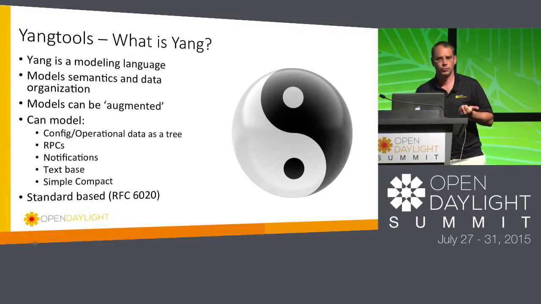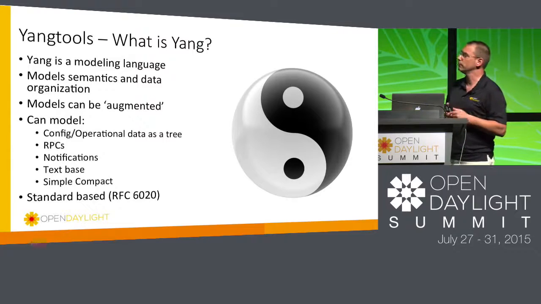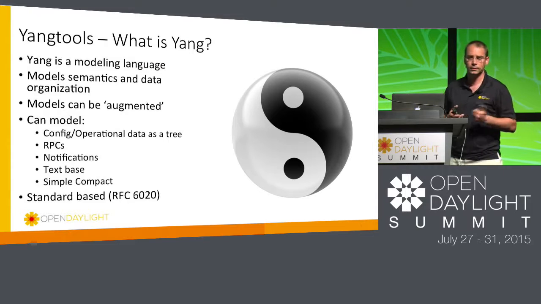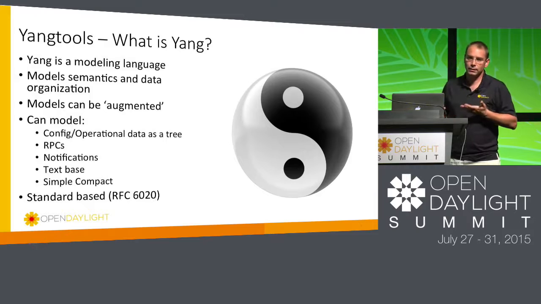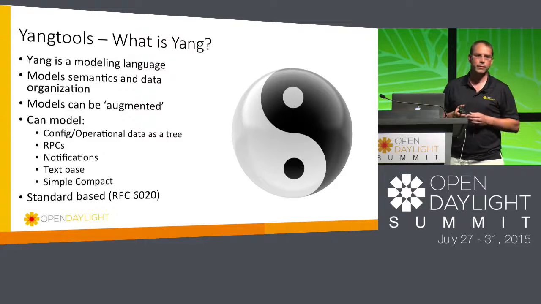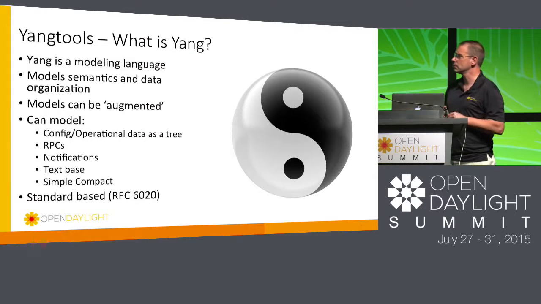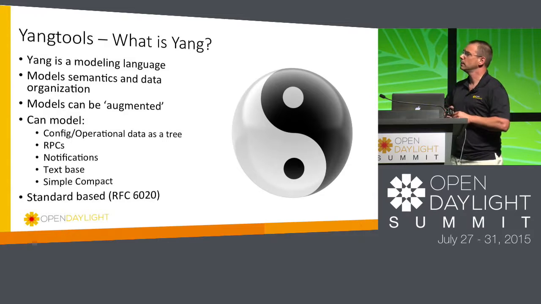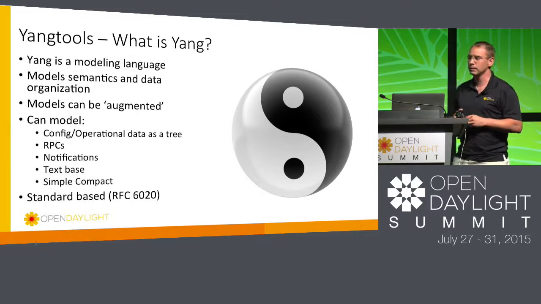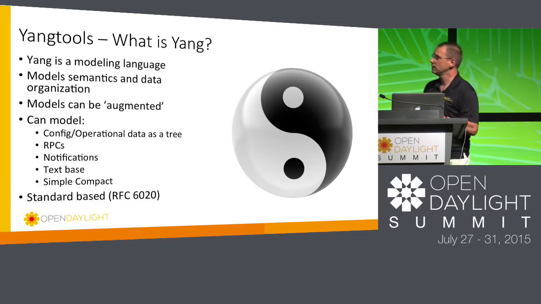RPCs, which are important for communication between the client and server, and by the way, that originally came out of NETCONF itself, although it's used in other contexts. Just like with SNMP, there are notifications in Yang that can be defined, and how they're implemented is a matter of the protocol that is used.